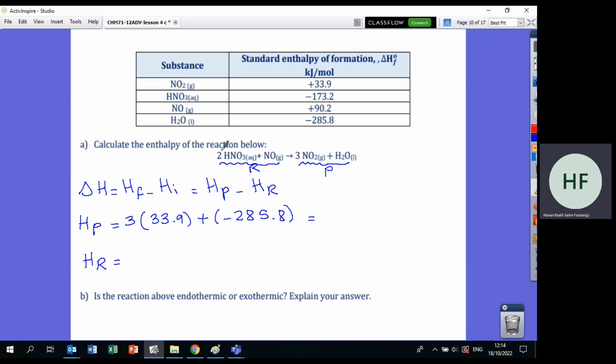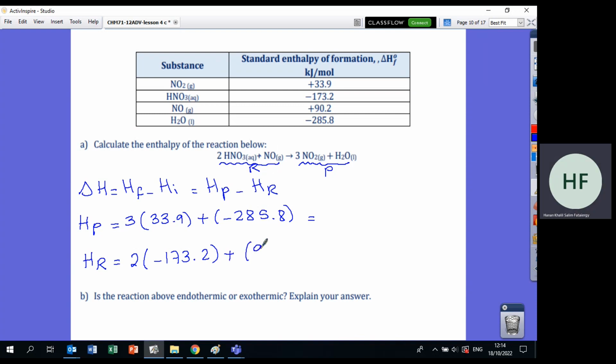Now the reactants. I have 2 HNO3, and I multiply it by 2. So I will say 2 times minus 173.2 plus NO.